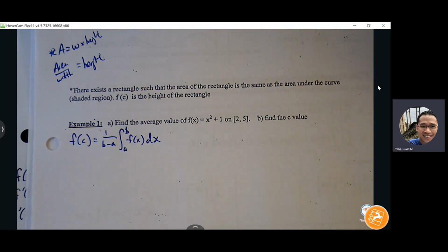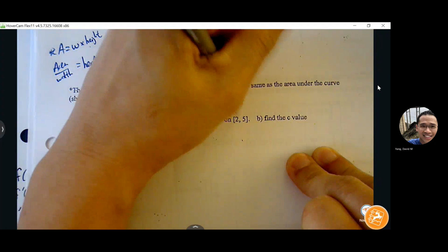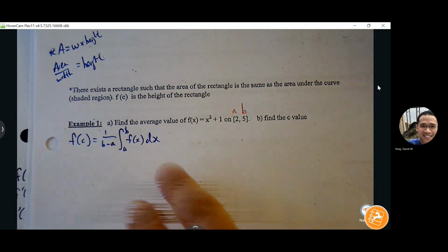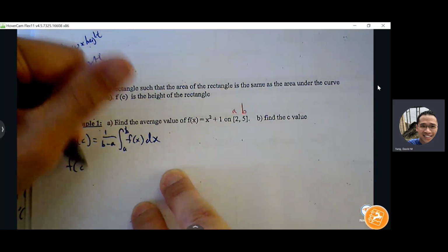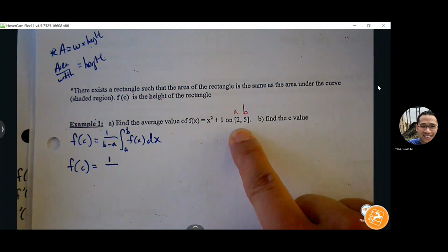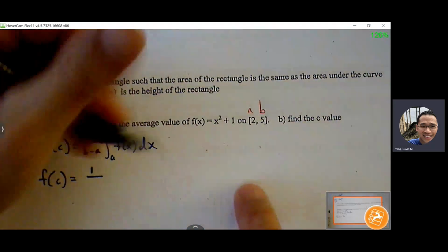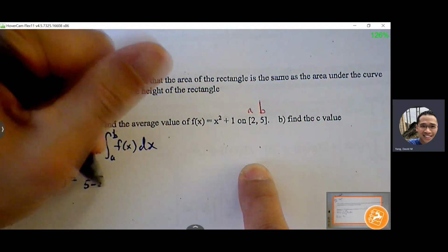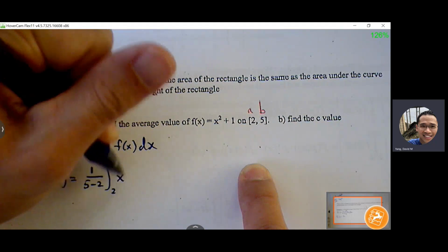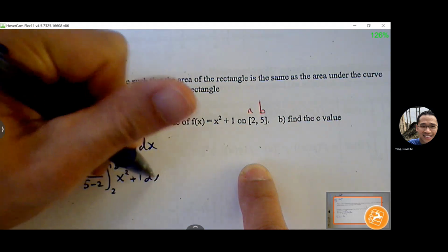Let's replace those. a is the left or lower bound, and b is the right or upper bound. So f of c equals 1 over what? Yeah, 1 over 3, or I'll put 5 minus 2 to begin with, but eventually it will be 3, times the integral from 2 to 5 of x squared plus 1.